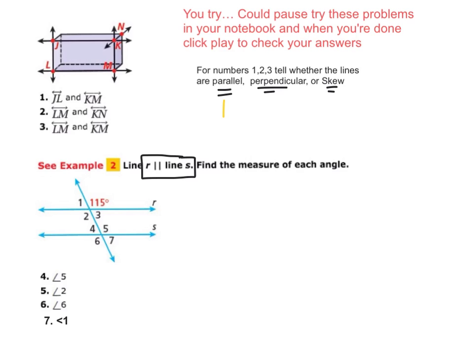For number 2, line LM and KN. Here's line LM, and here's line KN above it on this three-dimensional figure. Those two lines are never going to intersect because they're not on the same plane. So they would be skew. So number 2 would be skew.